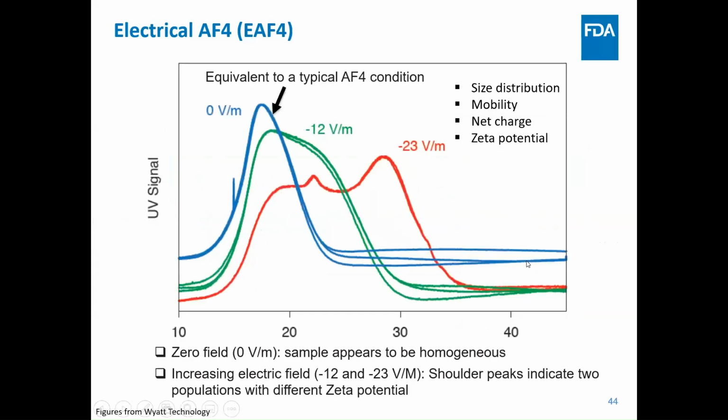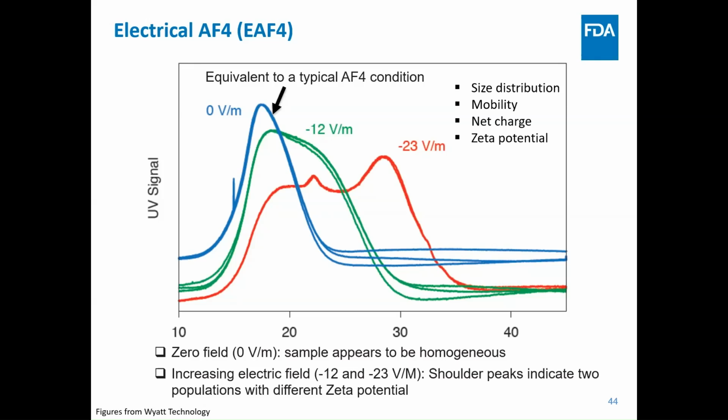Here I'm showing analysis of a liposome formulation using electrical AF4. When we do not apply a voltage, the analysis is just the same as regular AF4. In regular AF4, this liposome formulation seems to be fairly uniform. But when we start to apply voltage, a shoulder peak starts to emerge.